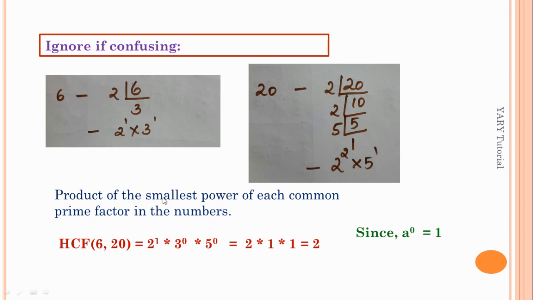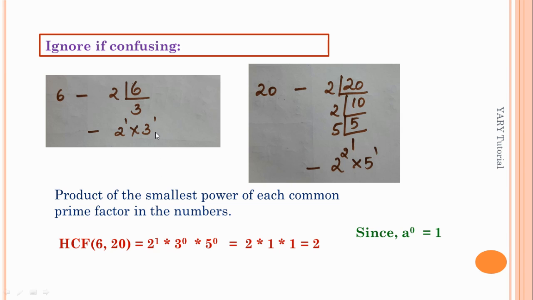So, here in 6, we can write 5 power 0 and in 20, we can write 3 power 0, because it is not going to change our value. The value will not be changed if we write here 5 power 0 and here 3 power 0, because anything to the power 0 is equal to 1.